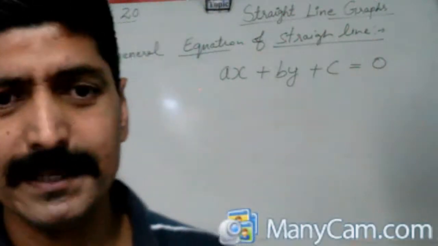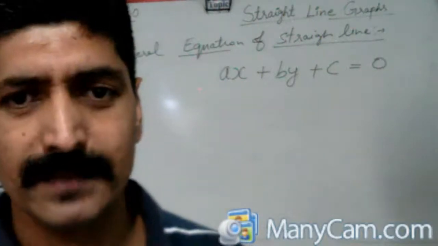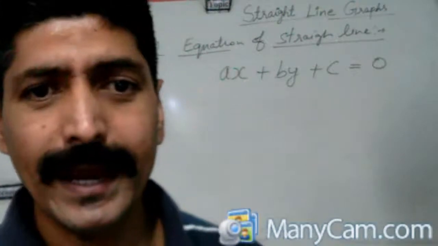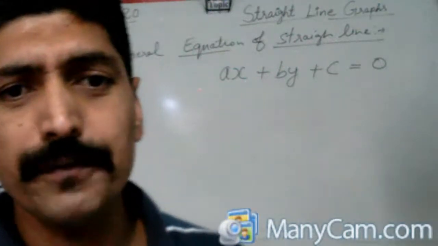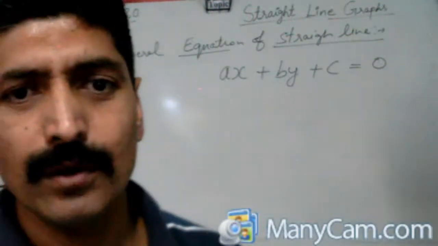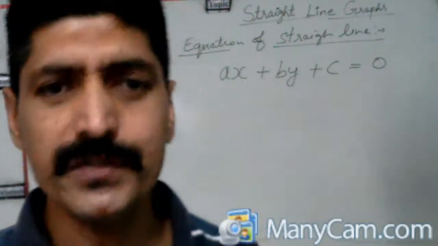We call it the linear equation in two variables, one is x and one is y, and a, b and c are the coefficients. The coefficient of x is a, the coefficient of y is b, and c is the constant term.